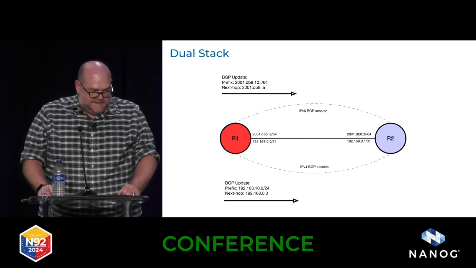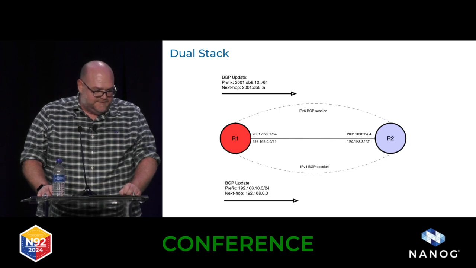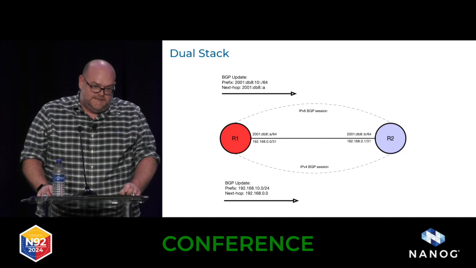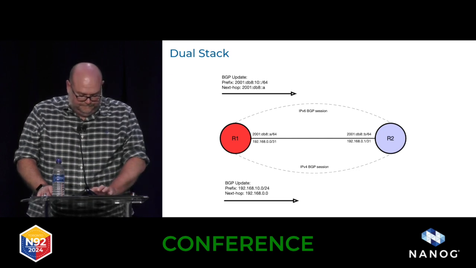I don't think I need to explain to anyone really what dual stack is, but I will. Looking at the diagram here between two routers, we have one link which is addressed with a v4 address and a v6 address. We then have two separate BGP sessions, one operating over v4 and one operating over v6, carrying their respective address family prefixes.